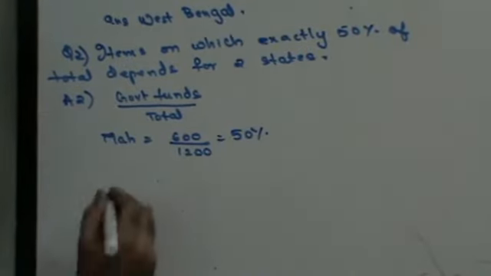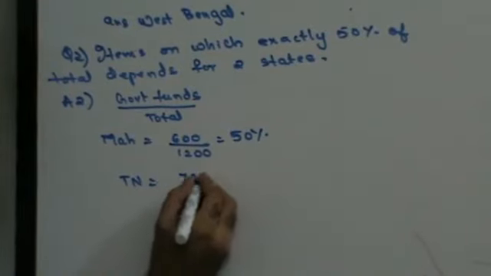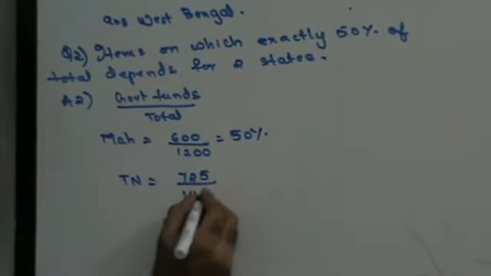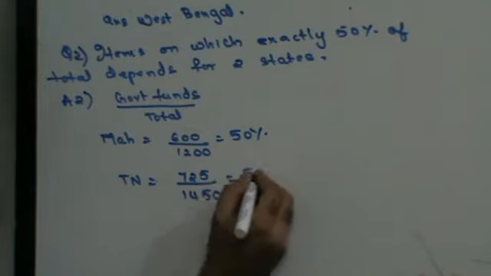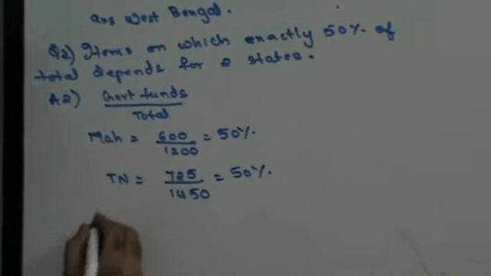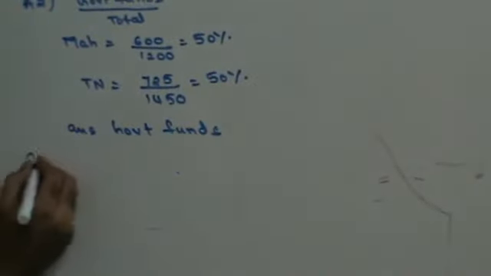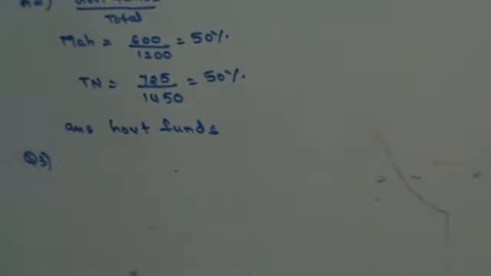Similarly, let's consider Tamil Nadu. Government funds are 725, total is 1450, which is again 50%. So the item for which exactly 50% of total depends for two states has to be government funds. Answer: government funds.